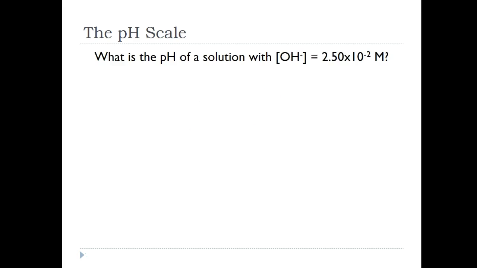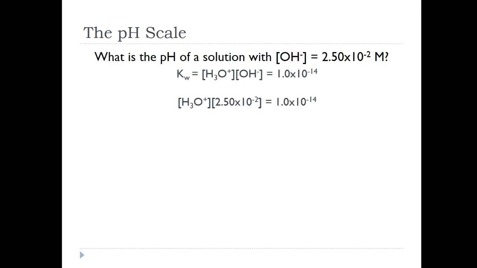So sometimes we are not given the concentration of hydronium ion, but of hydroxide ion. So for example, if we had a strong base, that's what we would see. So if I have a hydronium or hydroxide ion concentration and I want to solve for the pH, I could go back and apply it to our Kw expression. So that's what I did here: I substituted the value of the hydronium ion concentration, sorry, the hydroxide ion concentration, into that value.